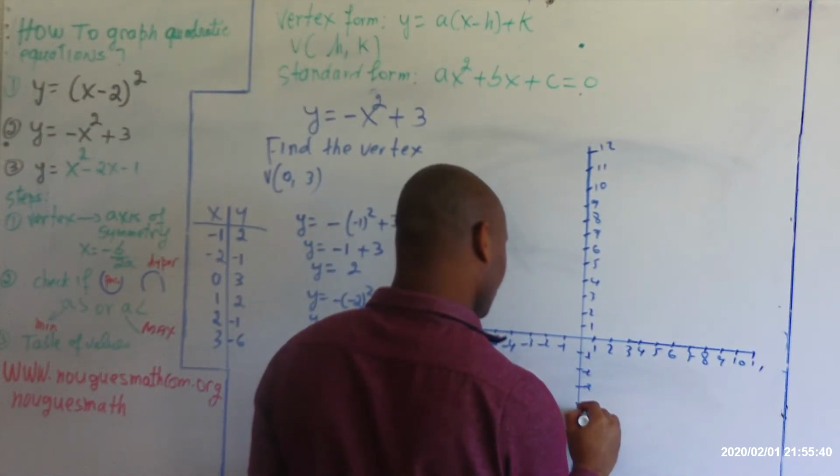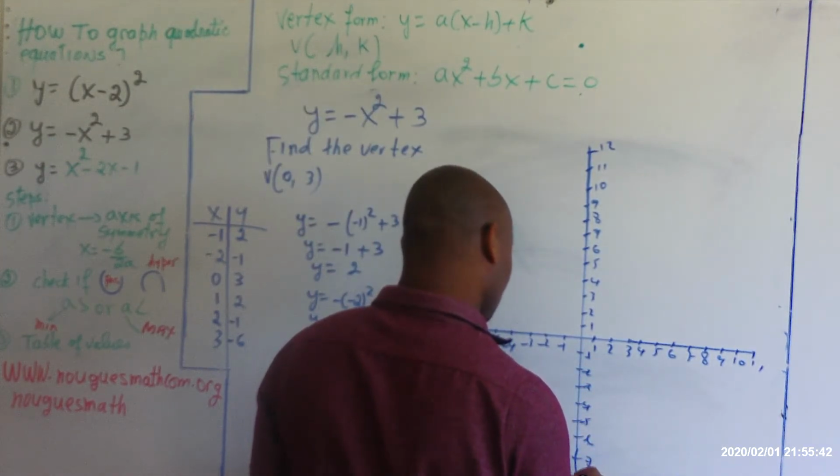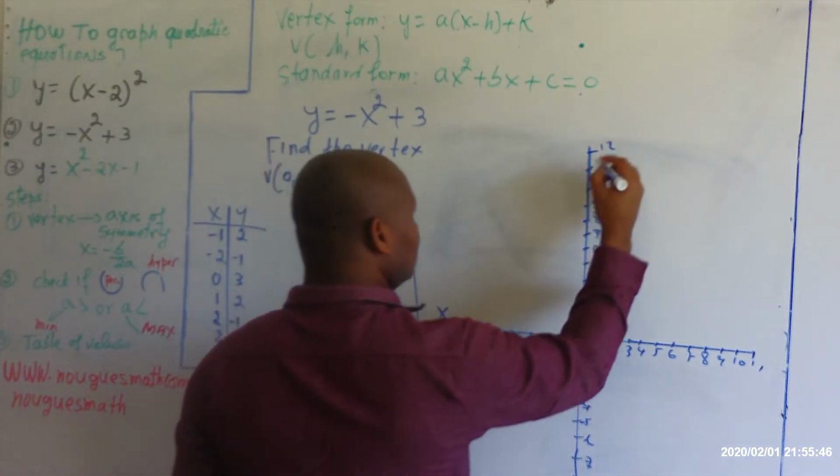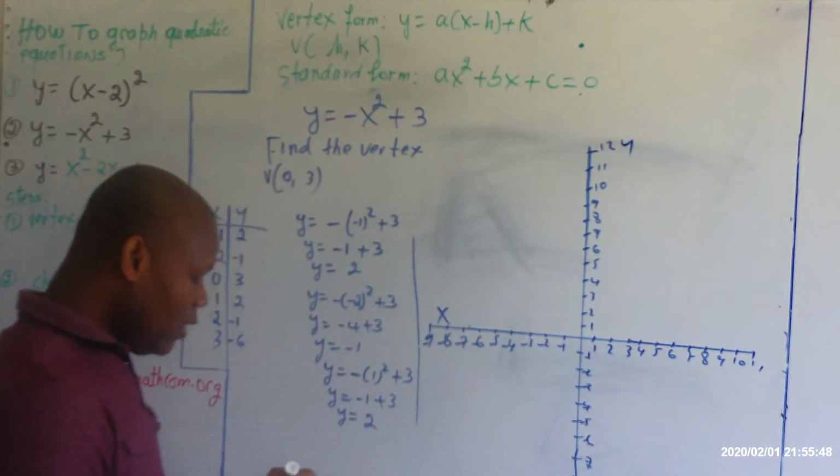Negative numbers, okay? Make sure you know down is negative, okay? X, Y. Now we're ready to graph.